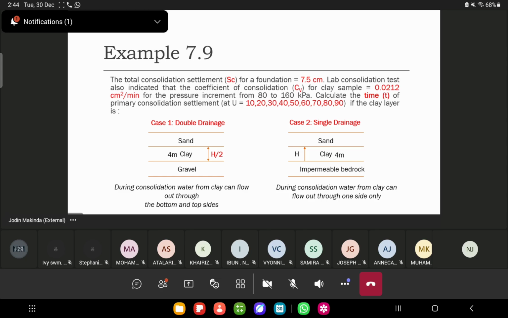It cannot flow out into the impermeable bedrock. Therefore, in this case, H is equivalent to 4 meters. It is different from double drainage, where H is half of the thickness.